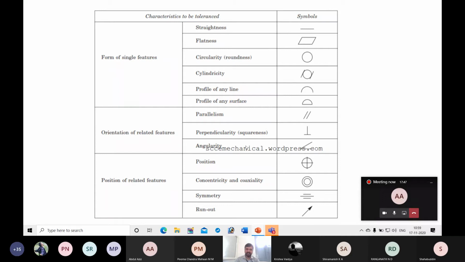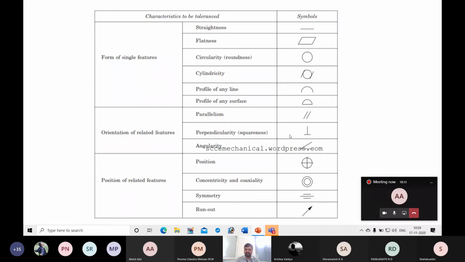I think you have studied production drawing and GD&T. Straightness, flatness: these are the symbols related to a single feature, that means a single feature of a component. Straightness, flatness, circularity, cylindricity, profile of any line, profile of any surface.